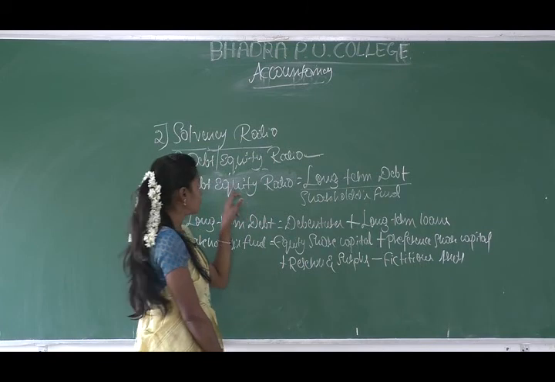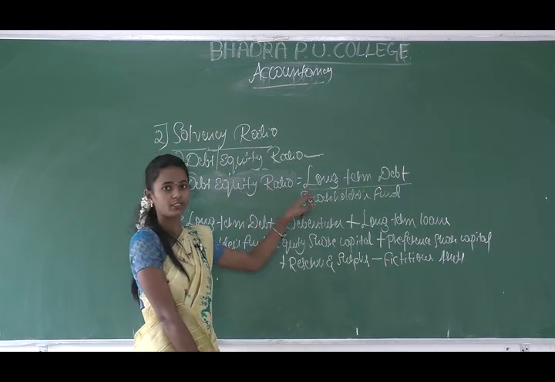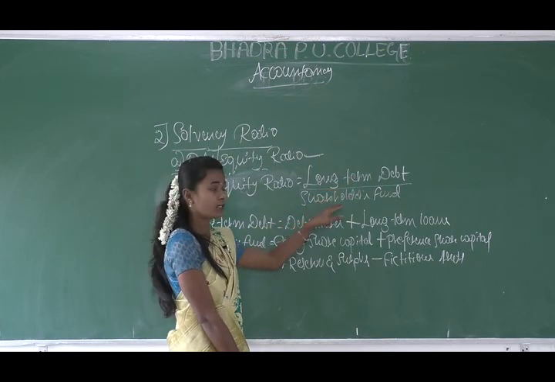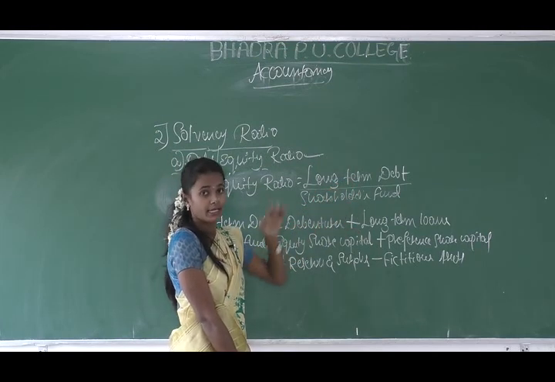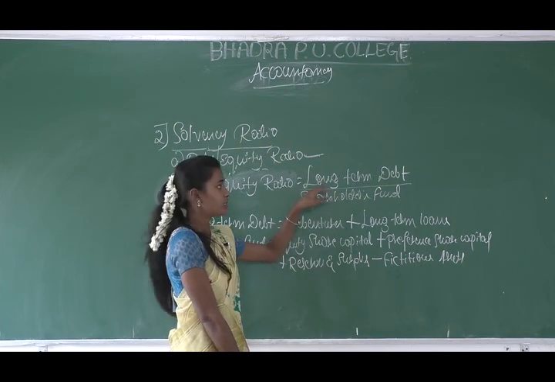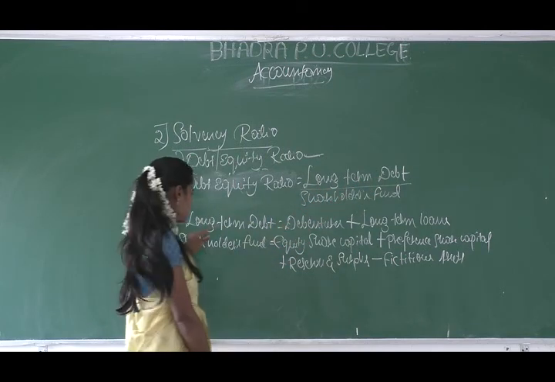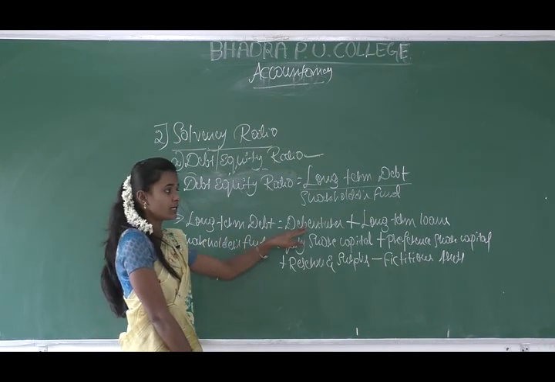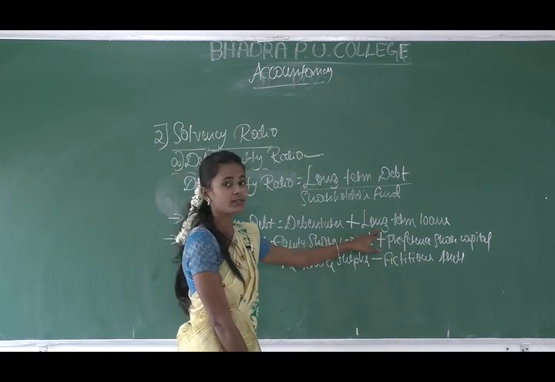Okay. This is the formula for the calculation of a debt equity ratio. And here we have a long term debt and here we have a shareholders fund. Again we have a formula for the calculation of these two. Okay. So, to calculate a long term debt, here we have a formula. So, long term debt is equals to debentures plus long term loans.